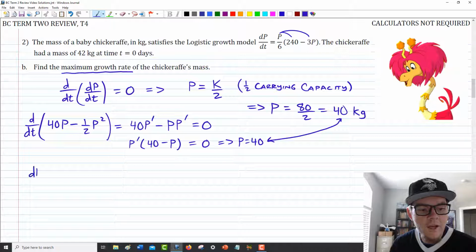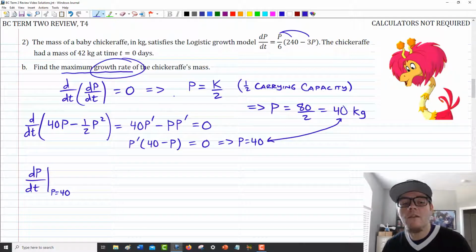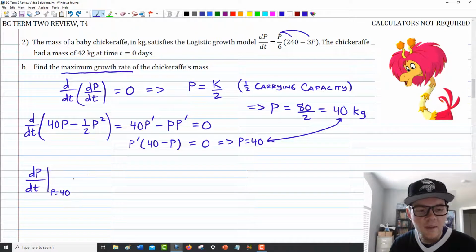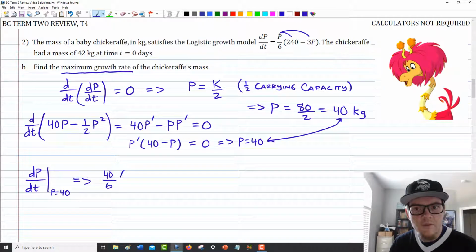So what we need to figure out now is what is the growth rate when p is equal to 40. Because that will actually find the largest value of the growth rate rather than what weight the bird creature is at that time. So given that information, that's going to lead us to p over 6 times 240 minus 3 times p.